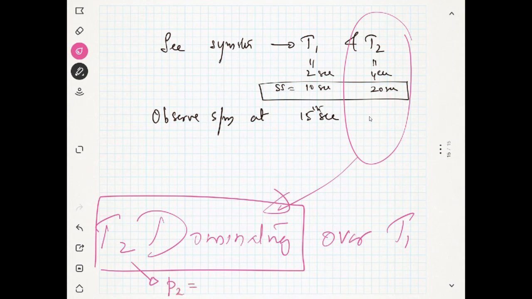P2 will be equal to 1 over T2. We will call this pole the dominating pole. Since T2 is a big number, 1 by T2 will be a small number. Do you agree with me? Yes. I am talking about the magnitude.